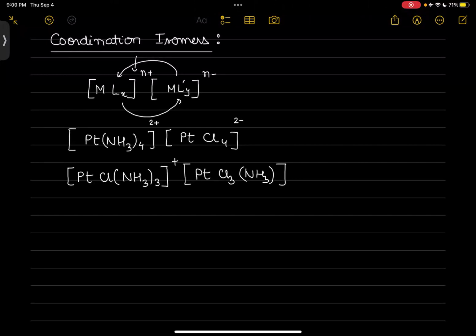Can we exchange two chloride with two amine ligands? Can we do this?